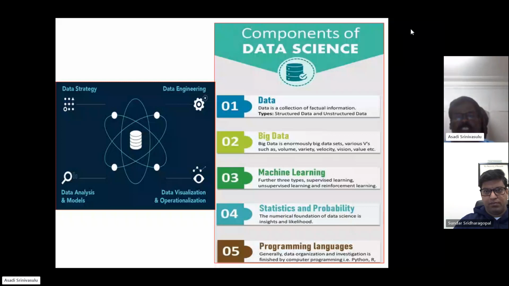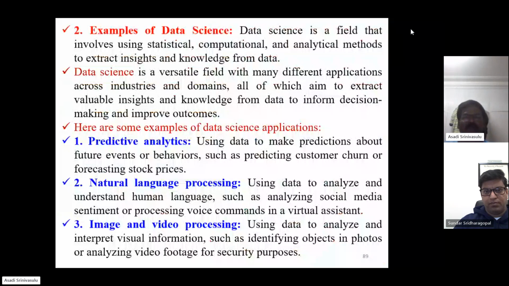Then what are the examples of data science? I have already explained. There are various examples like predictive analysis, especially in stock market analysis. We are using natural language processing, like when I would like to convert Tamil to Telugu, Telugu to Tamil, so I am using the natural language processing library called NLTK.